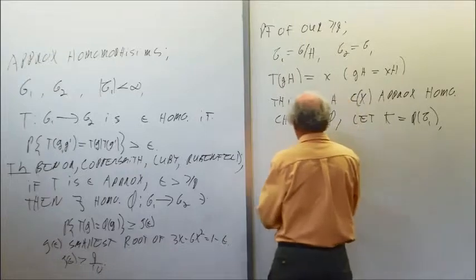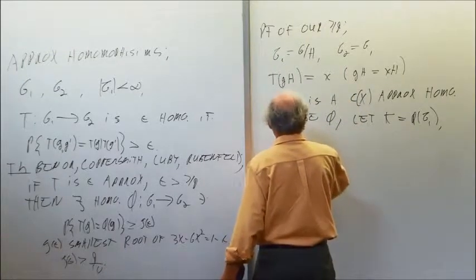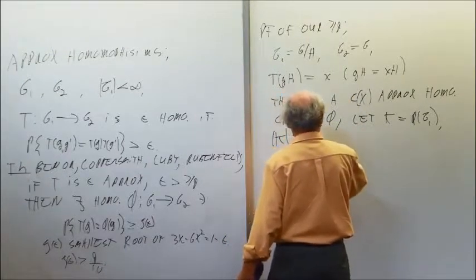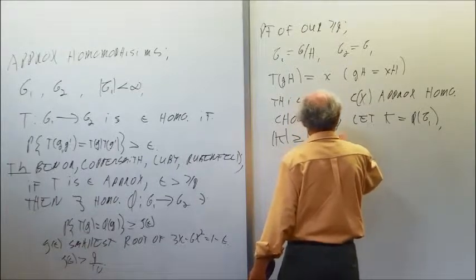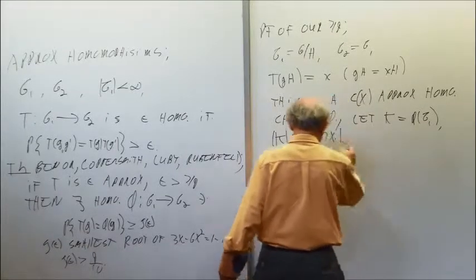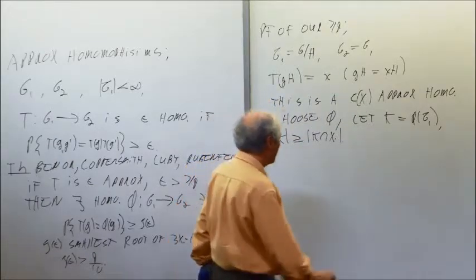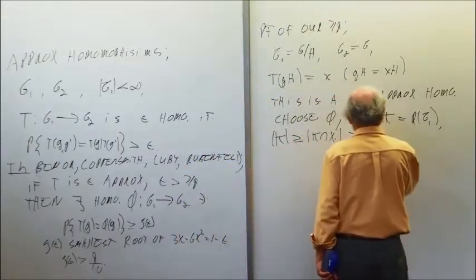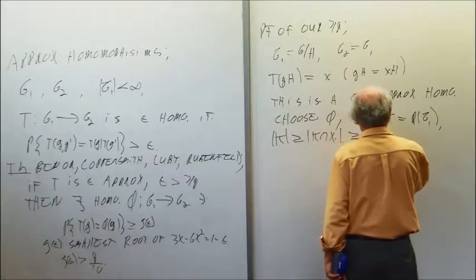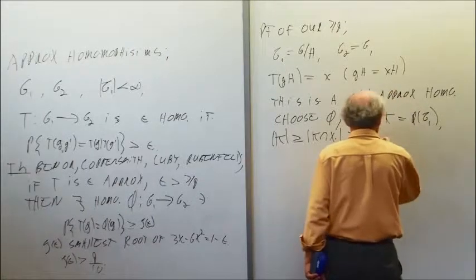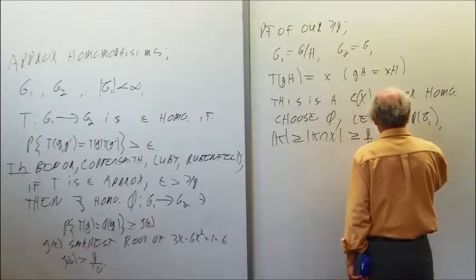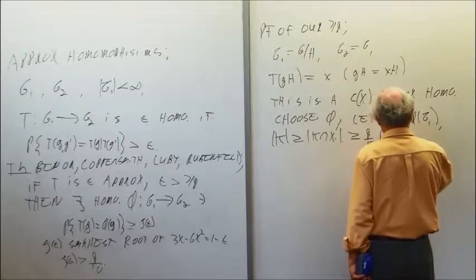Here, the size of K is bigger than or equal to the size of K intersect X. That's certainly true. That's bigger than or equal to 9/10 of the size of X, which is G mod H.